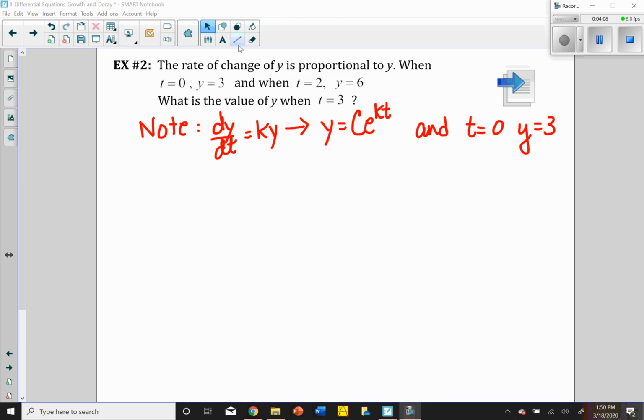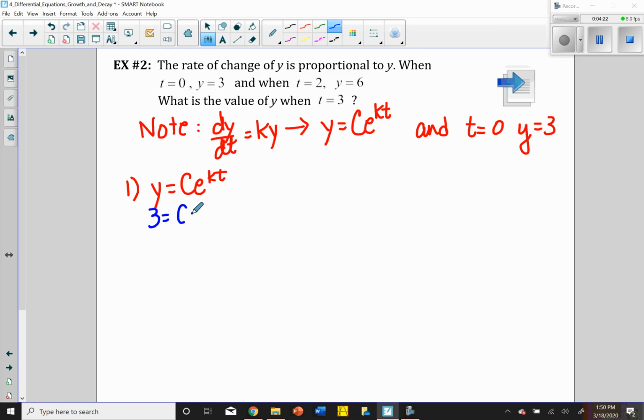So first we want to take the equation y equals ce to the kt and solve for c using that initial condition. When y is 3, t is 0, so e to the 0 times k gives us 1, and c is 3. And we can use that information.